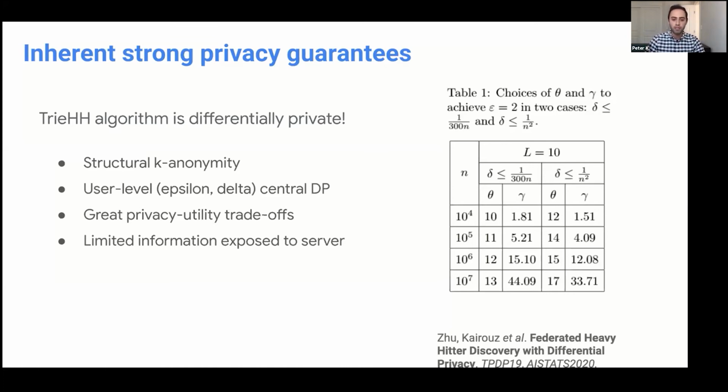That was really important. And as you saw, because we're asking devices to remain silent if they do not have words that start with prefixes that have been discovered in previous rounds, we have limited exposure to the server. That's a very good property in this federated analytics or federated heavy hitters approach.